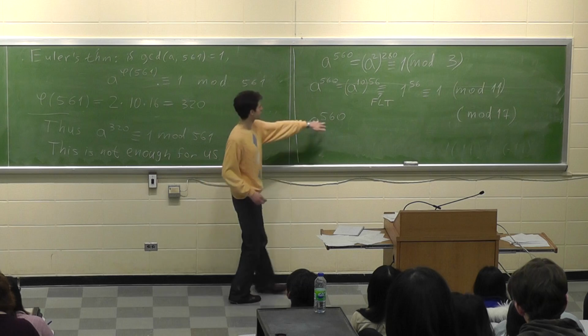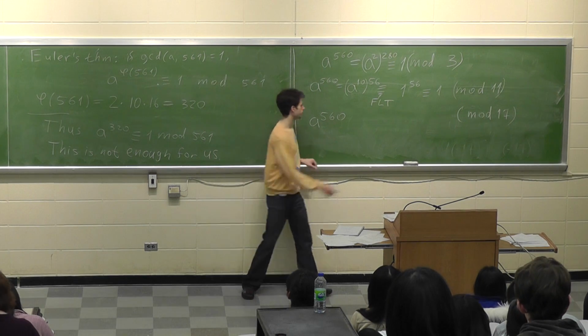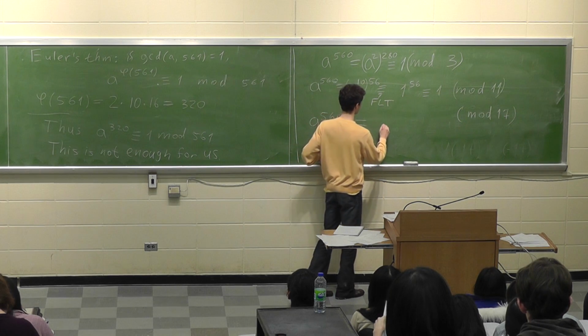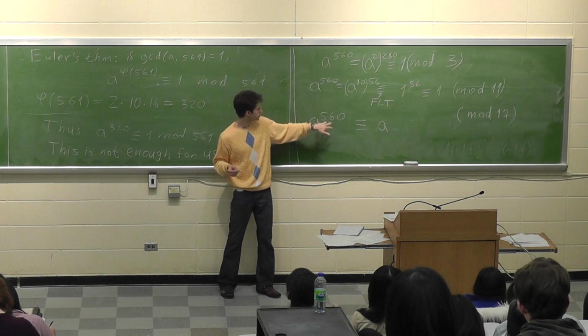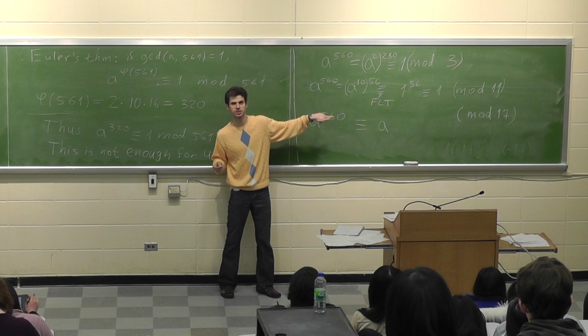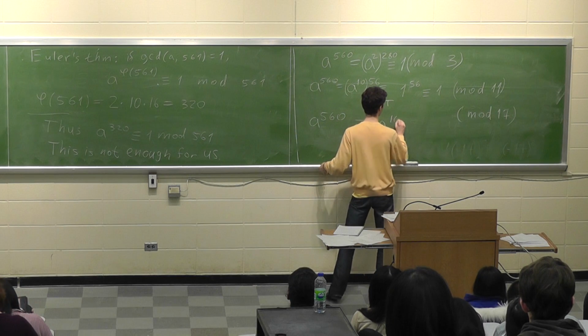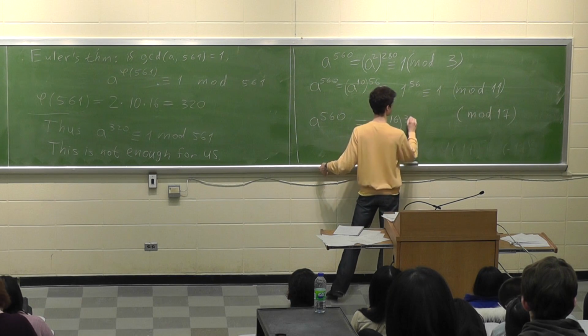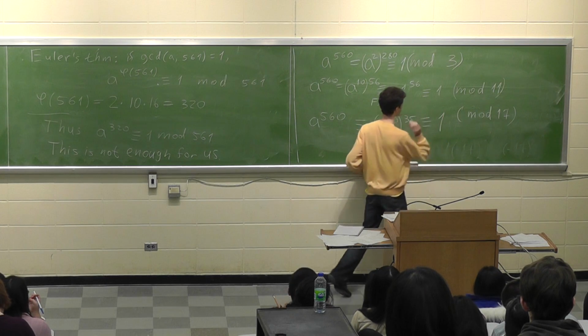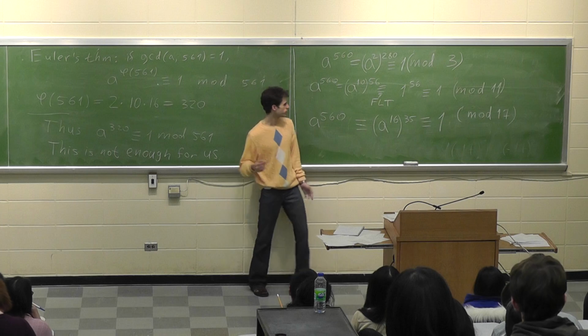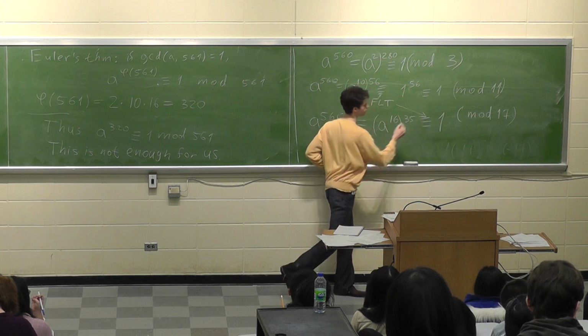So let's divide this by 16 with remainder. What is it? Yes. So 560 is 8 times 70 or 16 times 35. And this is, once again, congruent to 1. Same reason, Fermat's little theorem.